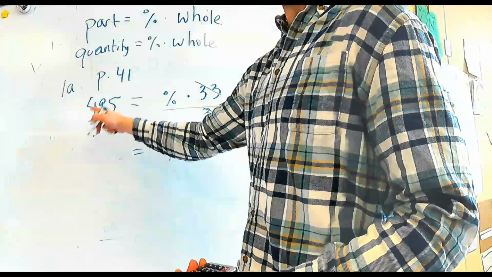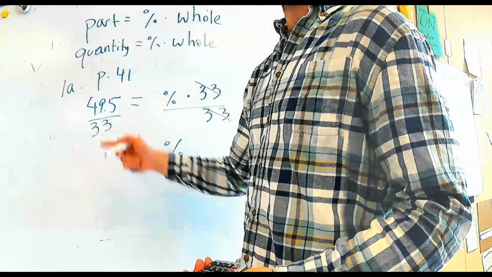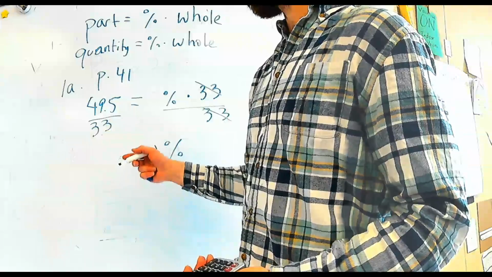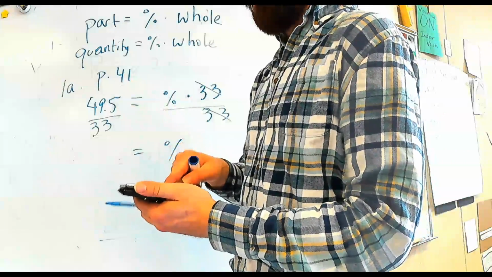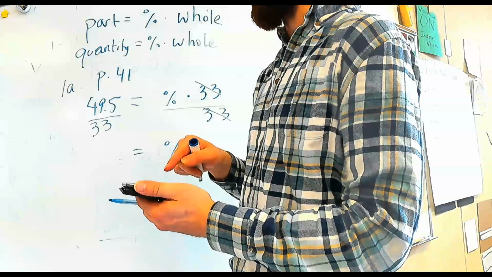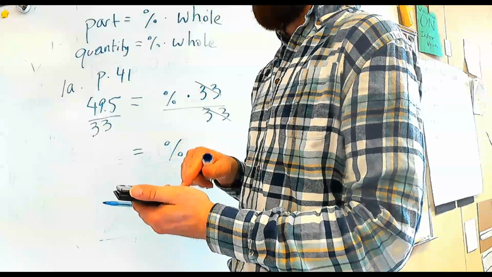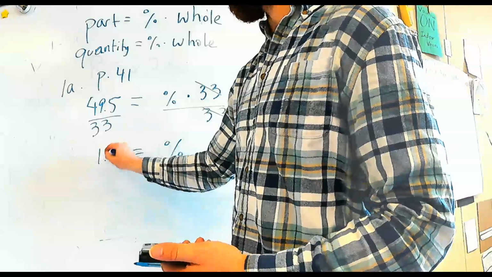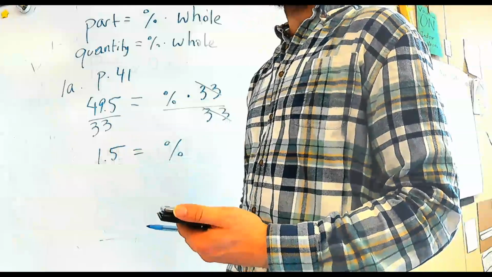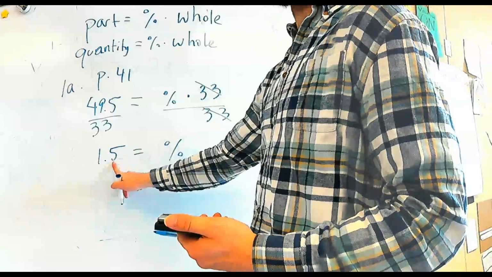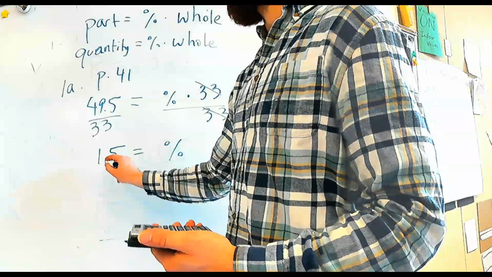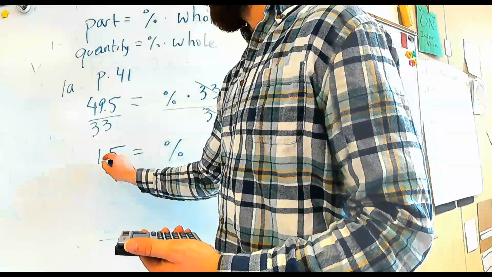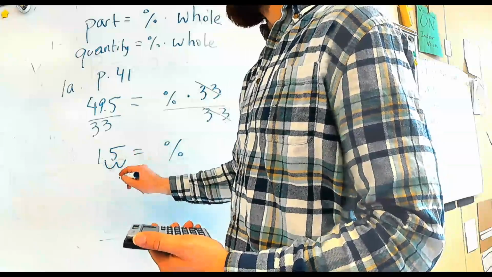On this side, we have 49.5 divided by 33. On my calculator, 49.5 divided by 33 equals 1.5. To turn that into a percent, which is what we want, since this is in decimal form, we move the decimal over 2 times.